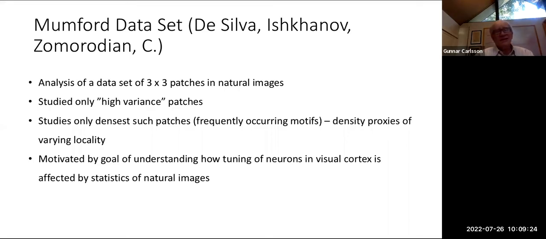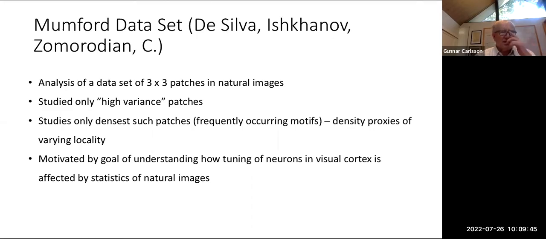In these image patch data sets, if you don't study only the high variance ones, you will have mostly constant patches, and those will dominate the statistics, which is not very interesting. So we restrict ourselves to these high variance patches.